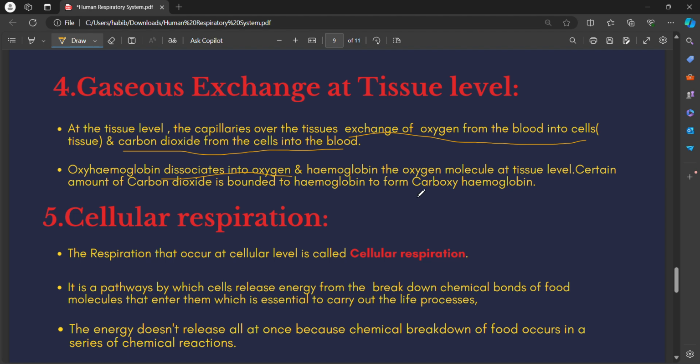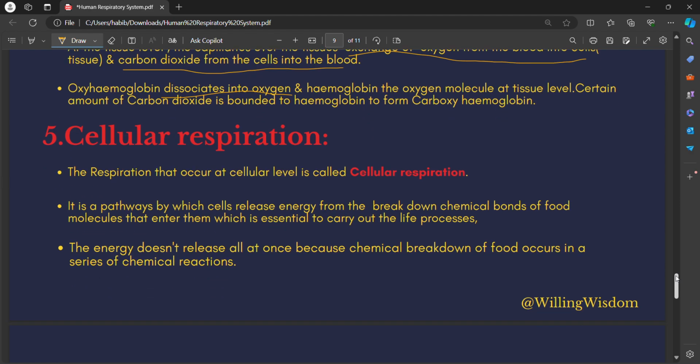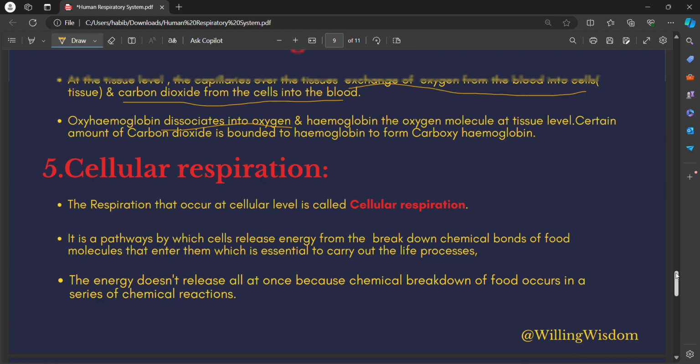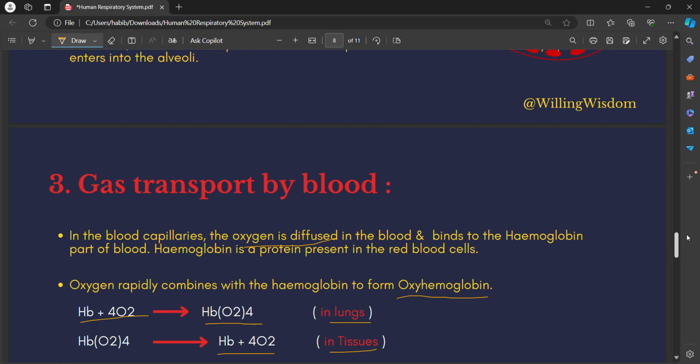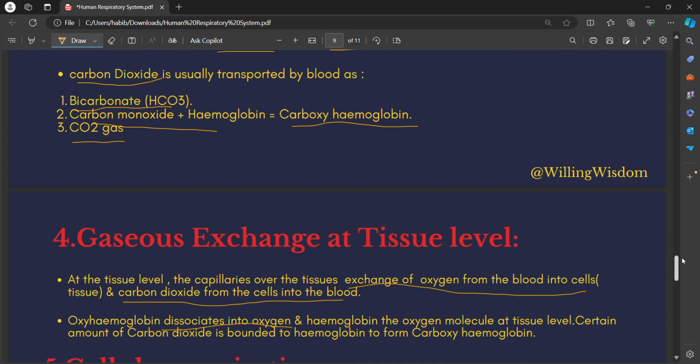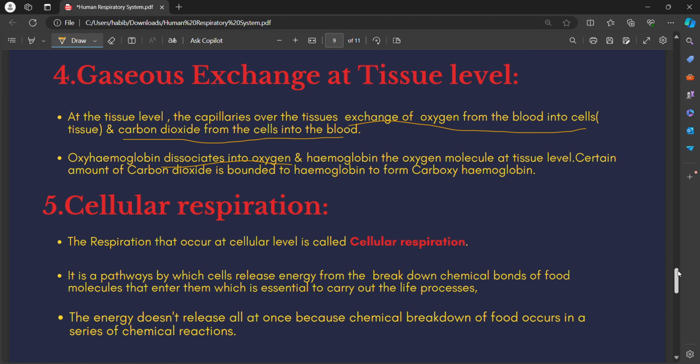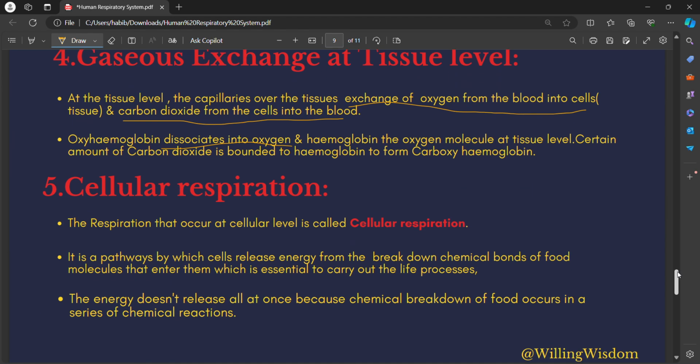Now we need to understand the next concept, cellular respiration. So under internal respiration, we have gaseous transport by blood, then we have gaseous exchange at tissue level, and we have cellular respiration. So respiration that is occurring at cellular level is termed cellular respiration. It is the pathway by which the chemical breakdown of food occurs, and thereby the energy is released, which will be used up by the cells to carry out the life process.